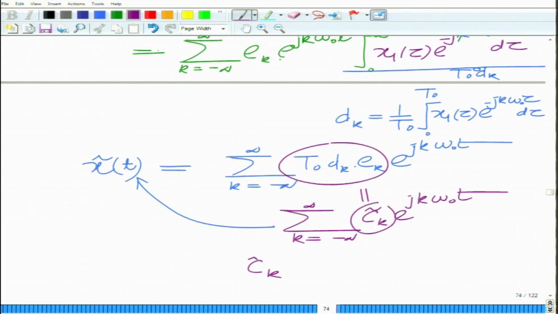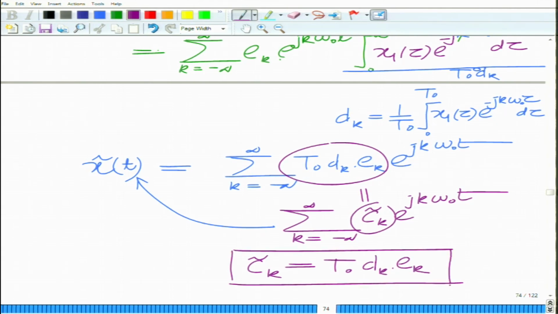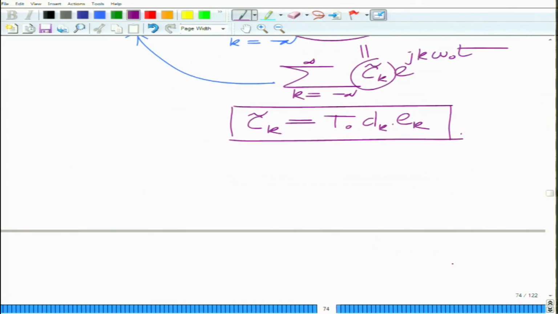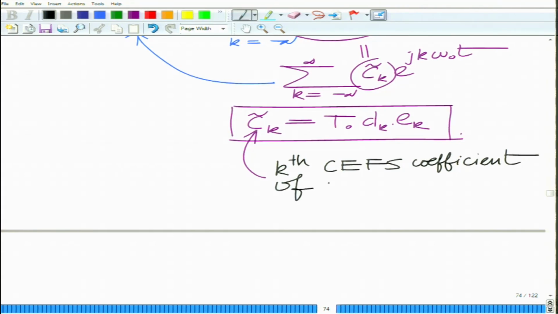Which implies c tilde k, the complex exponential Fourier series coefficient of x tilde t, the periodic convolution of x1 t and x2 t, is T naught e k dk.